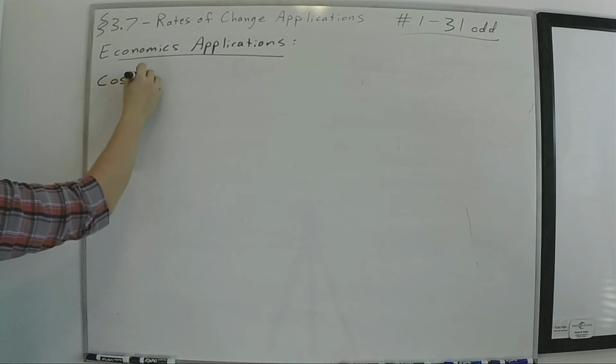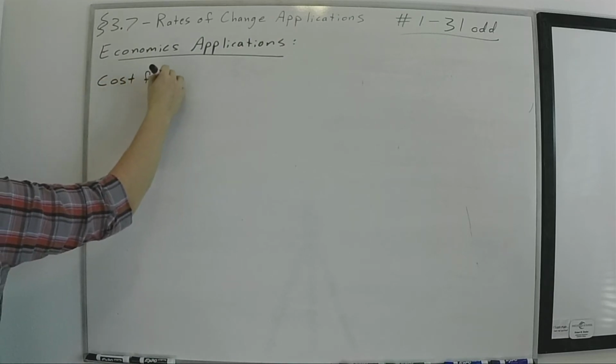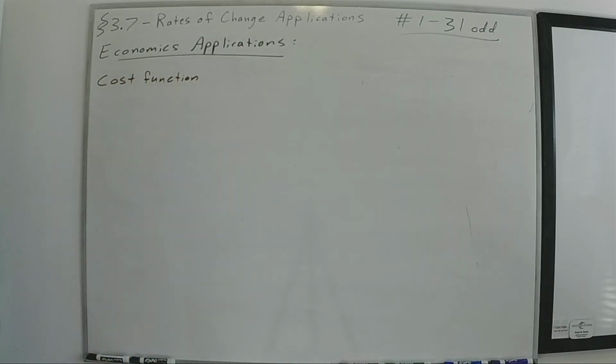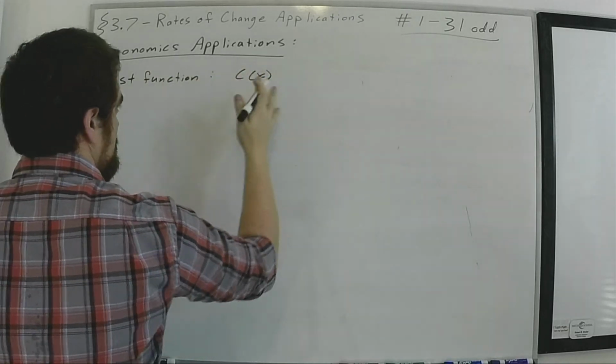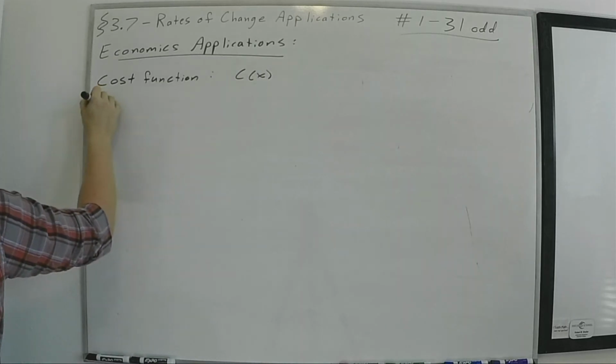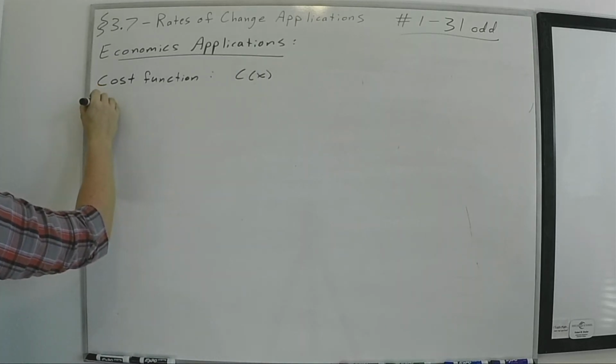But one thing that you'll see a lot of as far as word problems go is the cost function, c of x. And again, it depends on the product, so I can't write down a specific unique function for it, but they call it c of x.